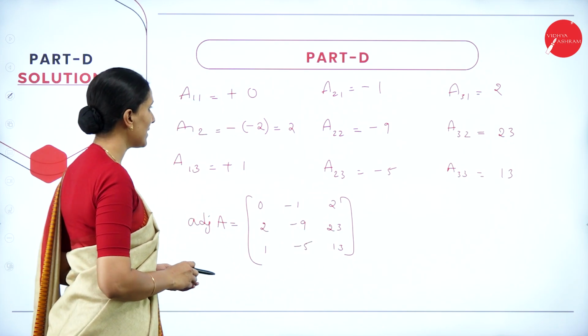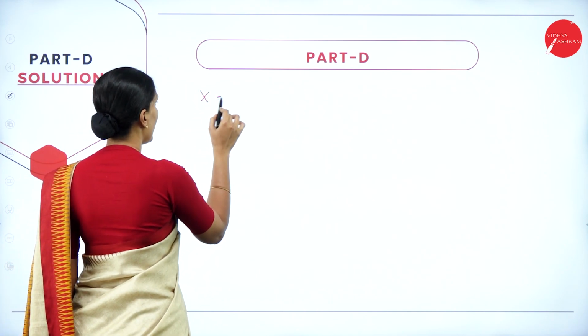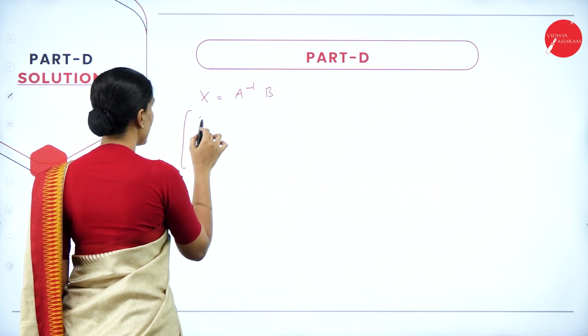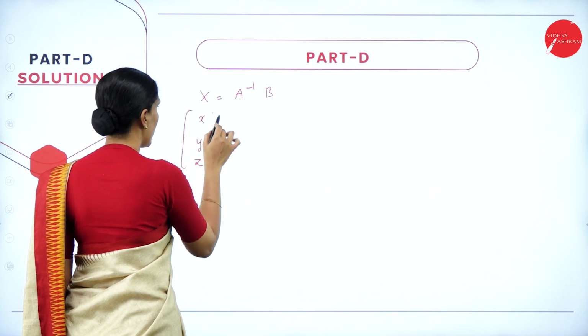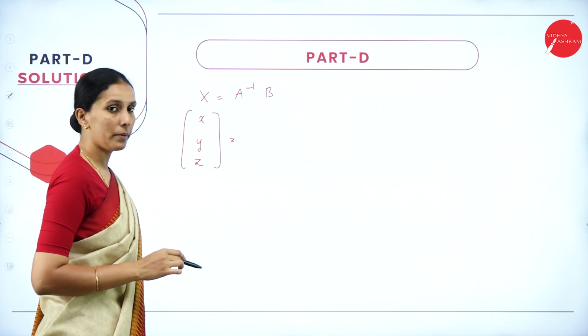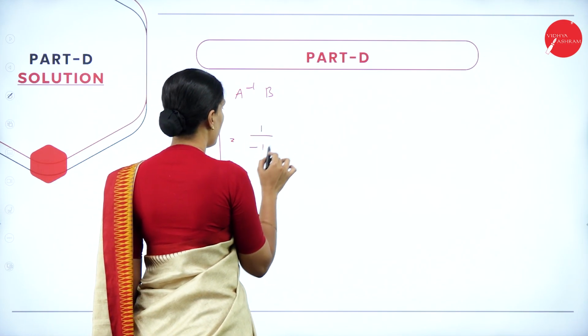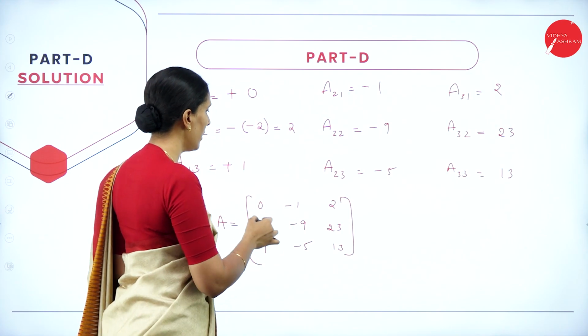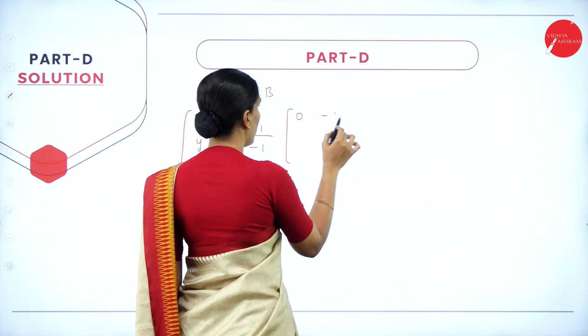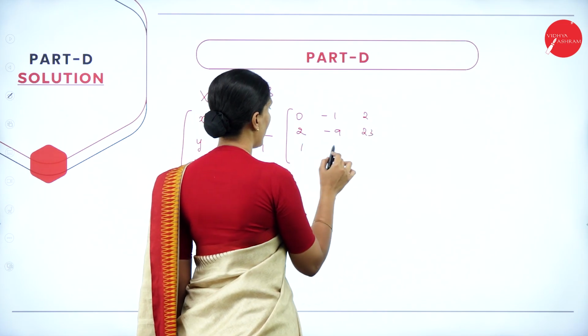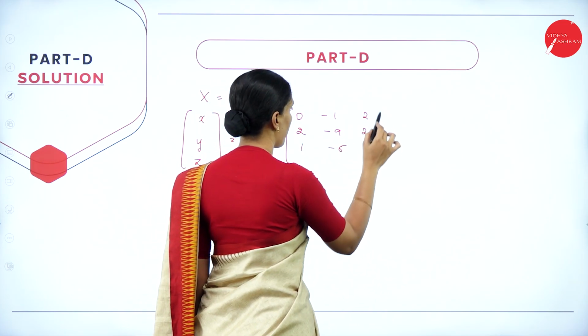So now the next thing is we need to find x is equal to A inverse into B. So x is x, y, z. A inverse is 1 over determinant A into adjoint A. So 1 divided by minus 1 into adjoint A. We have here 0, minus 1, 2, 2, minus 9, 23, 1, minus 5, 13.